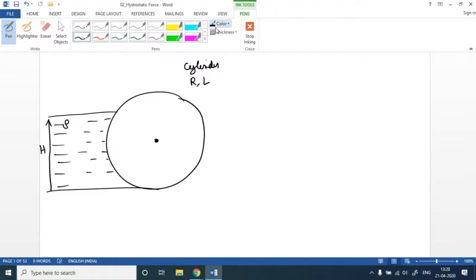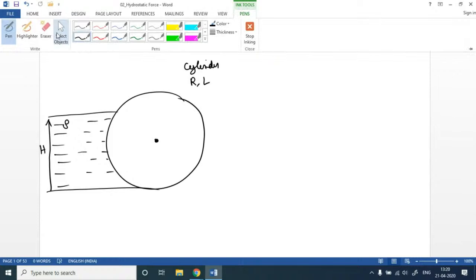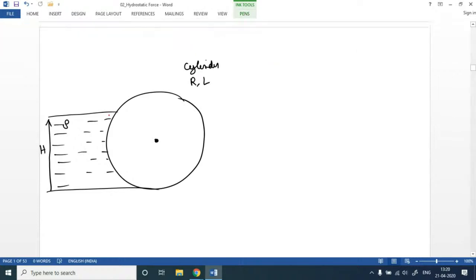So you must understand, this liquid would be exerting force on the wall of this cylinder in the perpendicular direction over here. So this force will have a horizontal as well as a vertical component.